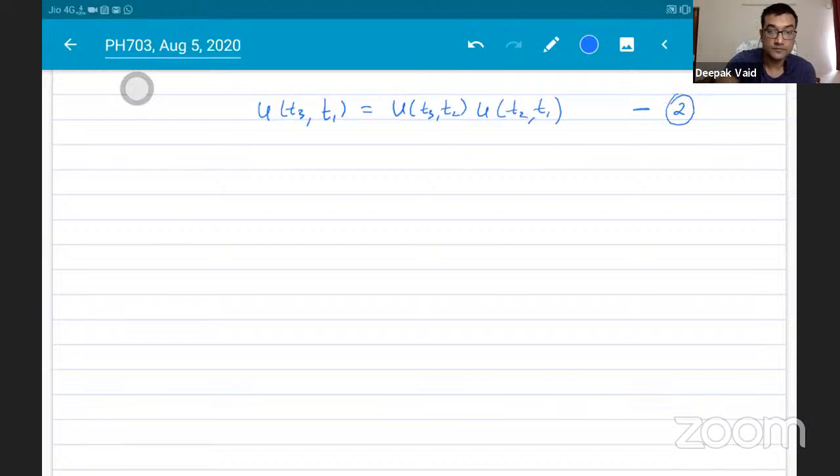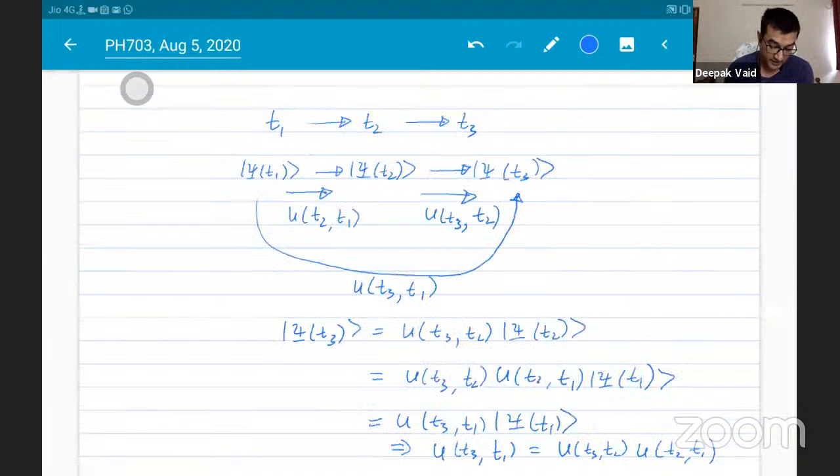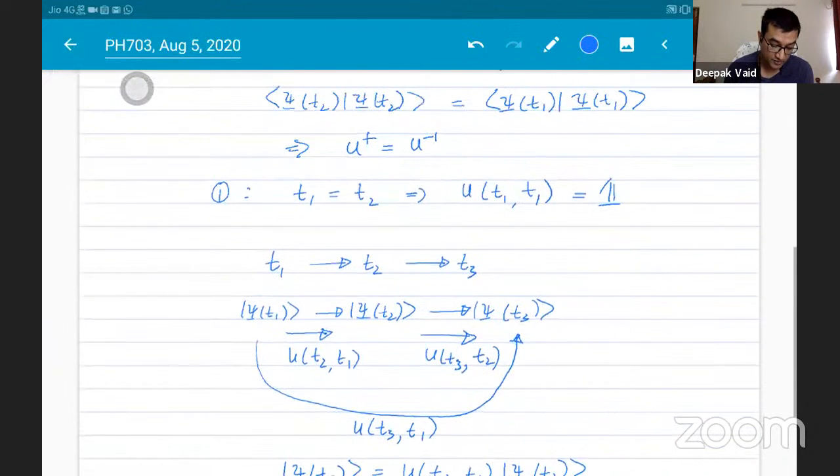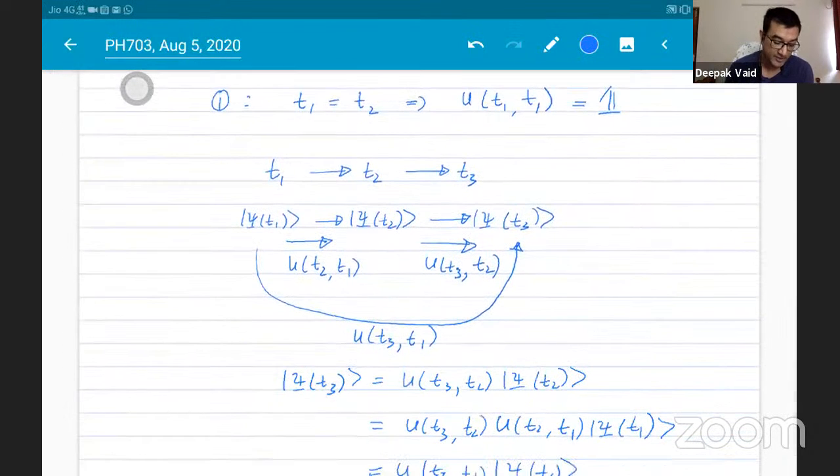Now, in this expression, let us say that we set T3 to be equal to T1. We can do that, right? Even though we normally think that time has to have a certain flow in a certain direction, in this case we haven't really said that this is time.